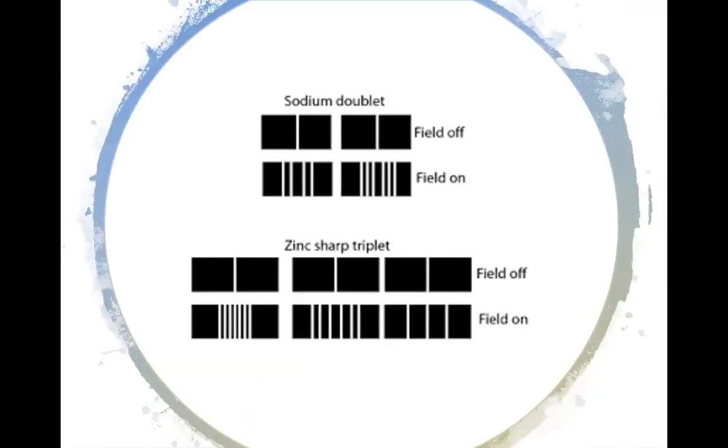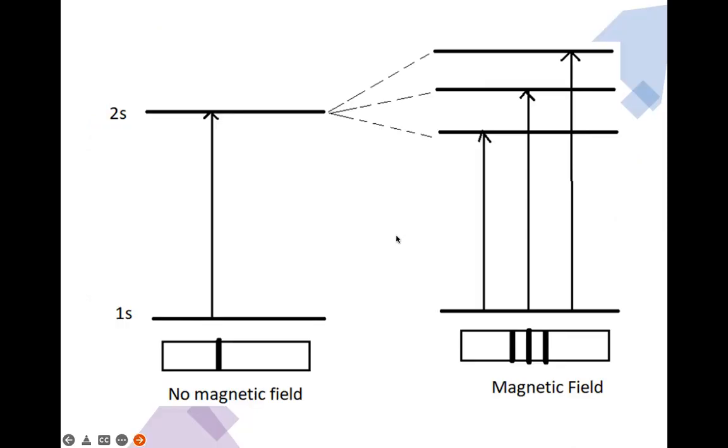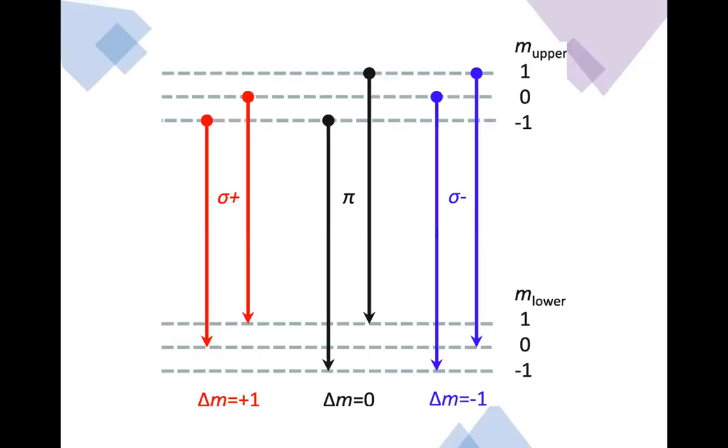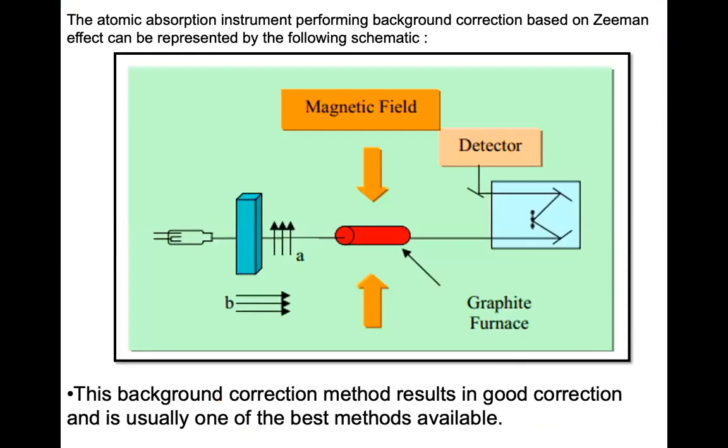You can have from a single line, as I mentioned before, shadow lines. I call them shadows, but it is actually split into different energies. The process is due to the magnetic field.